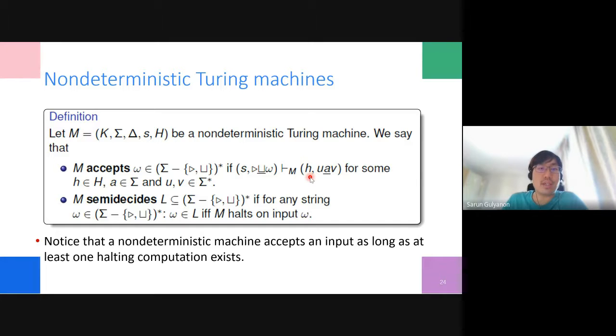Here we want only one possibility to get to the halting state. It doesn't matter that most of the possibilities may end up with a loop or a rejecting non-halting state. That's fine as long as there is at least one that can get to the halting state, then we accept it.